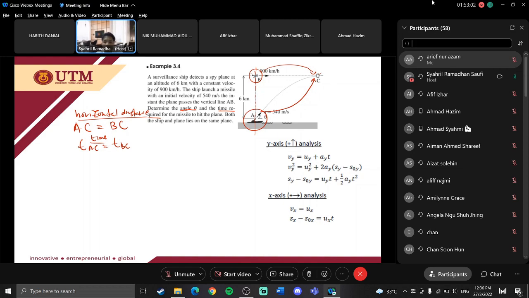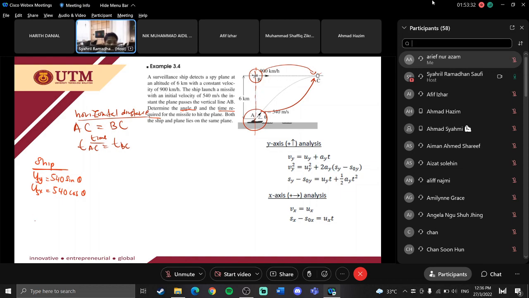For the ship, u_y is equal to 540 sin theta, and u_x is equal to 540 cos theta. So let's say here I put u_sx, u_sy for ship.